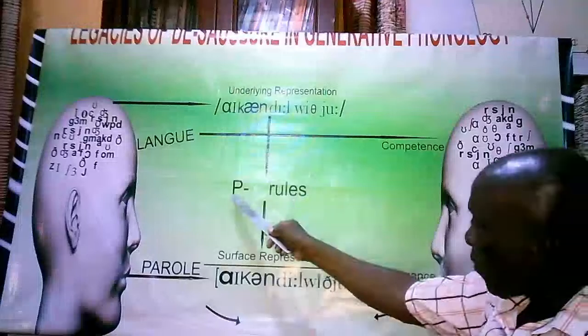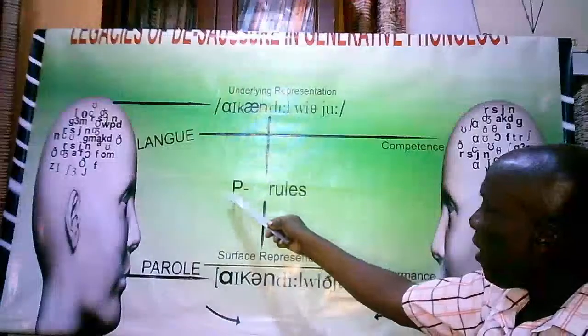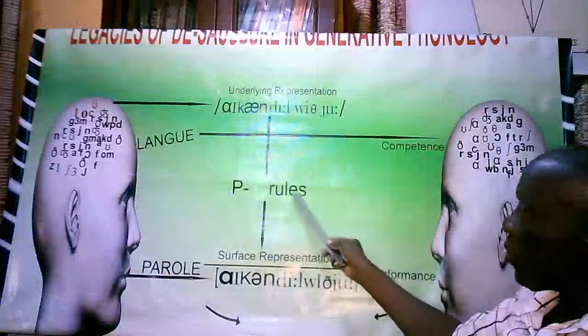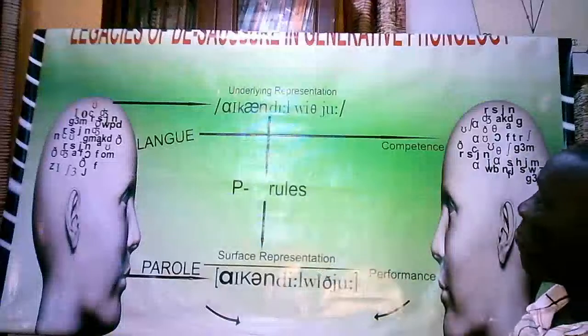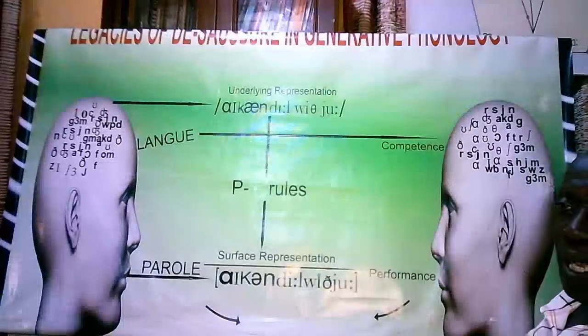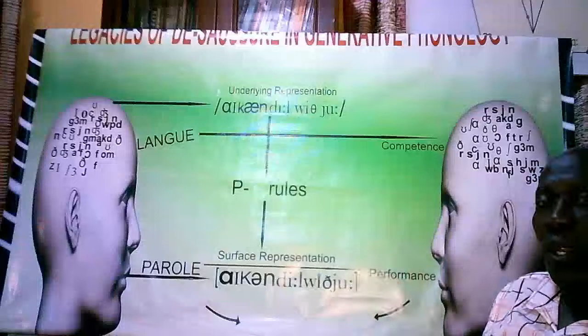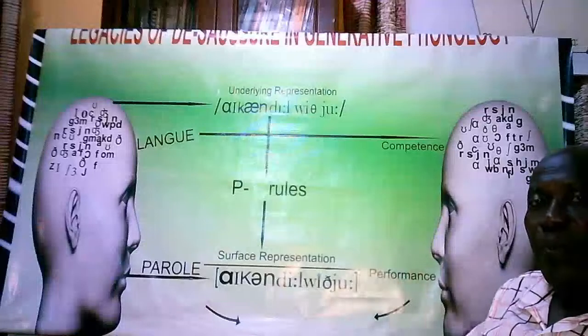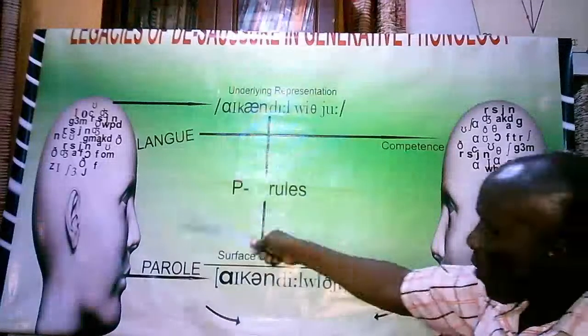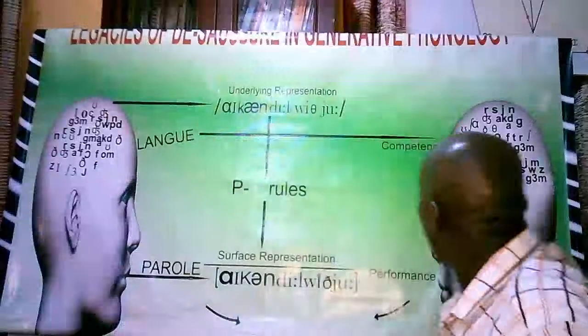That's why you have what we call the P rule here. It is referred to as phonological rules. So the number of sounds and the types of sounds that you are likely to combine in the production of a particular expression are the ones you have in your mind.